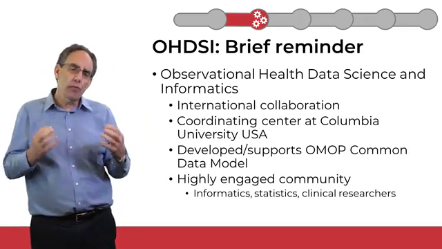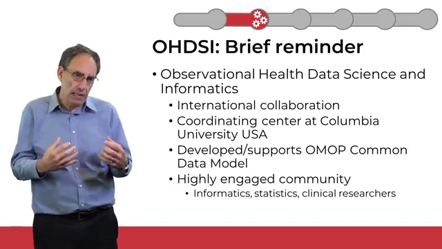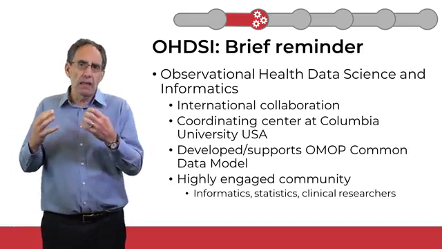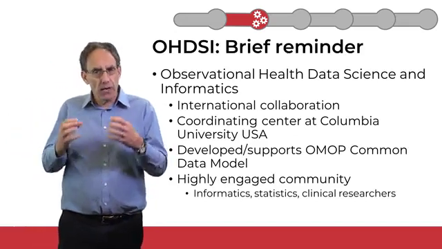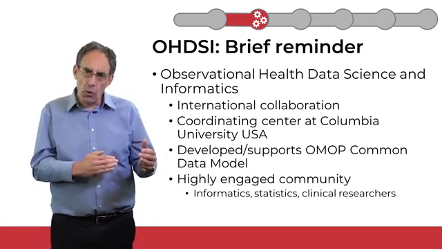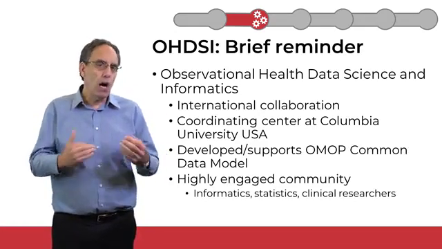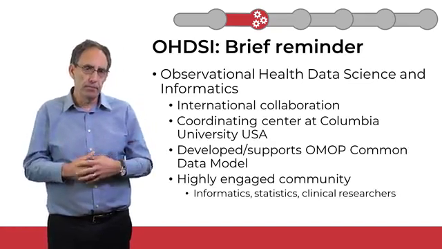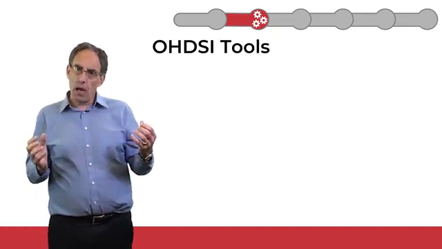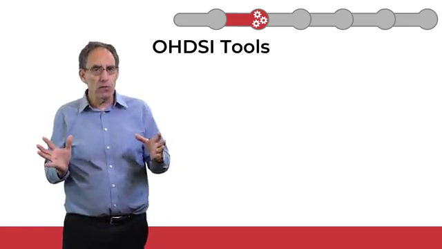It is an extremely engaged community of informatics, statistics, and clinical investigators who are committed to performing high-quality data science using observational clinical data. We have used some of the OHDSI tools in other parts of this course.